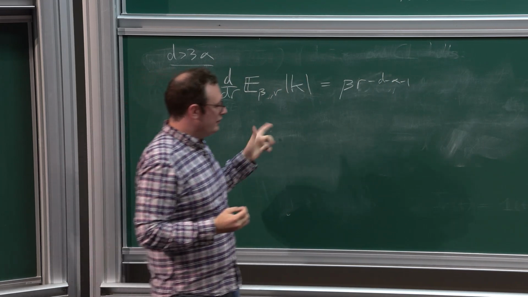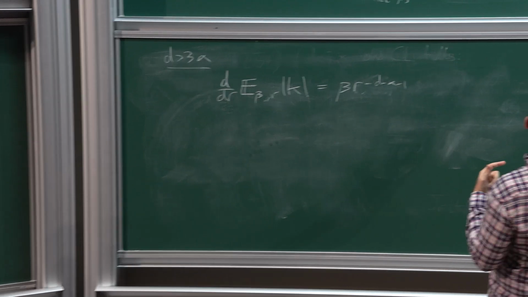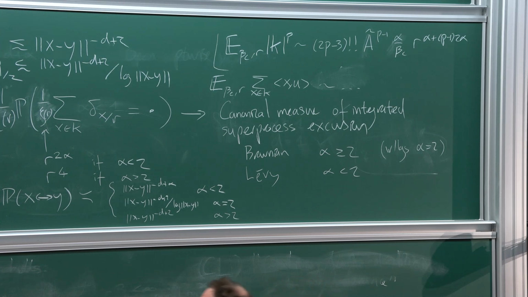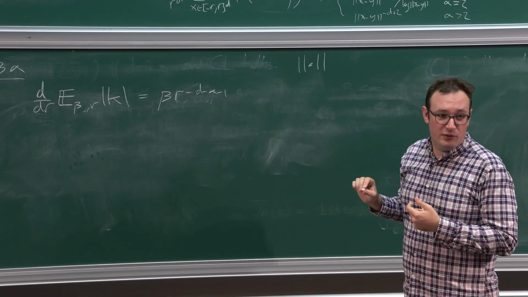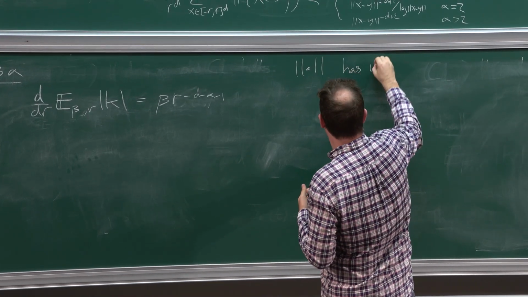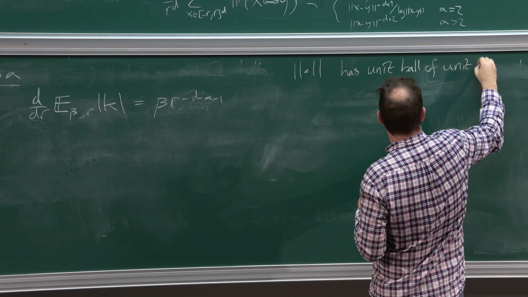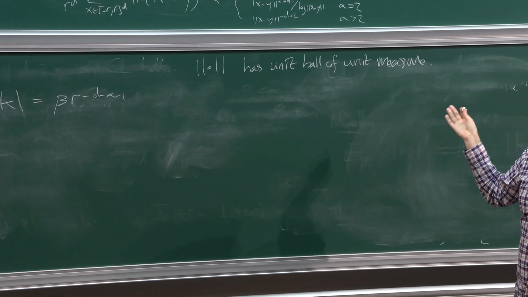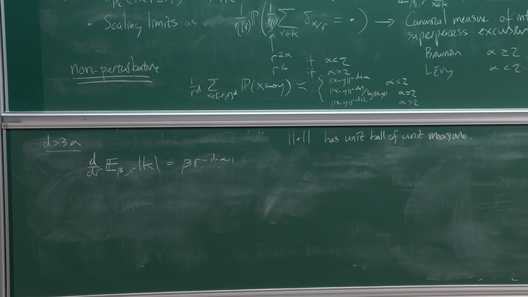And there's one additional normalization convention that I'm going to make, which I should have already mentioned when I was talking about this moment formula, because it affects the constants: we're going to assume that the norm with respect to which we define the kernel has a unit ball of unit measure. If you didn't do this, you would just get a lot of factors of the volume of the ball everywhere. So let's just get rid of that.